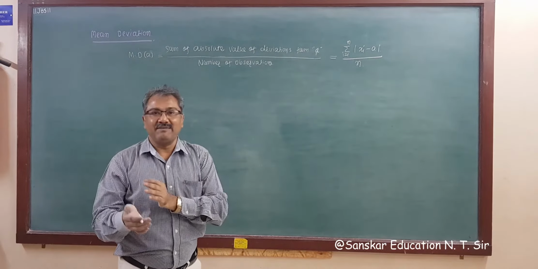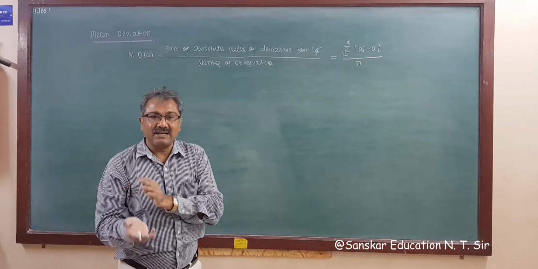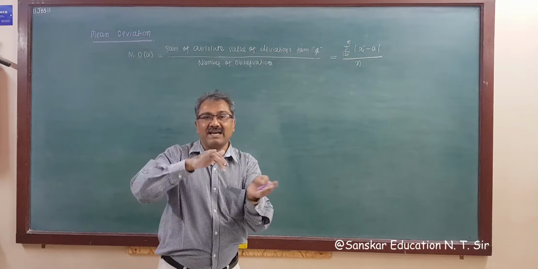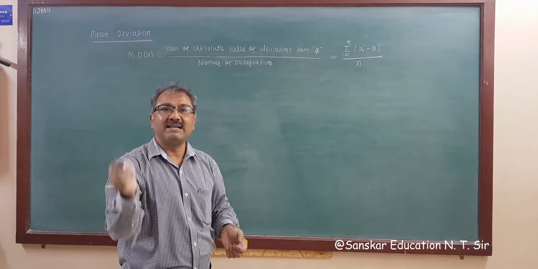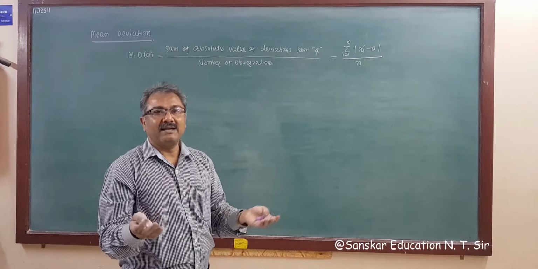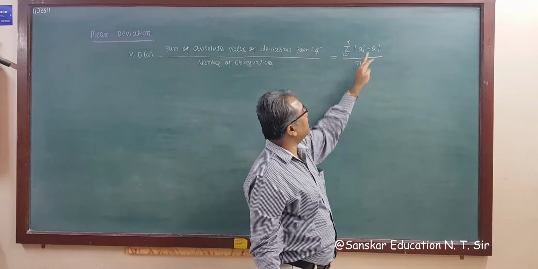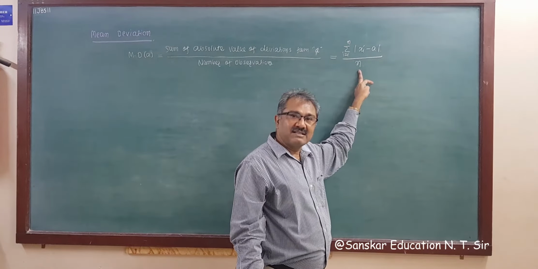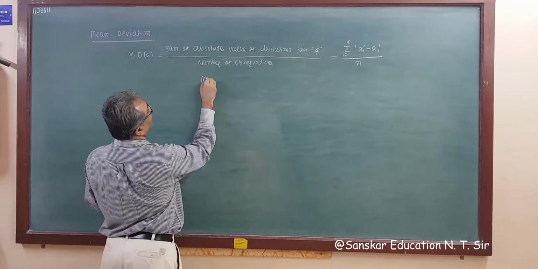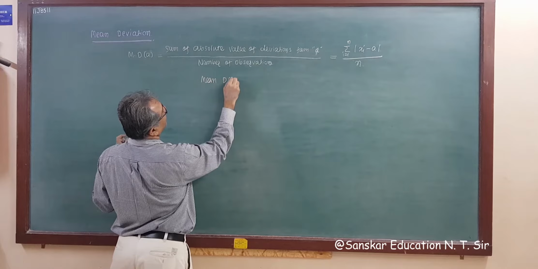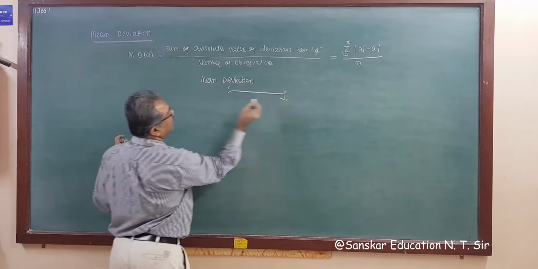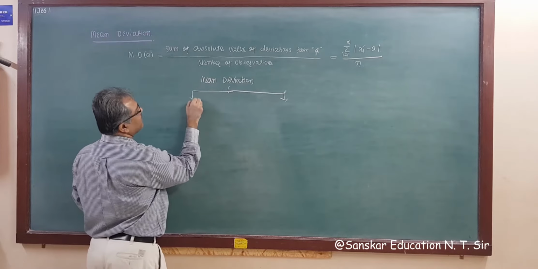So it is a simple formula. Deviation means the observations vary from the given fixed point, that is the mean. So from the mean the observations vary, that is sigma |xi minus x bar| upon n is the mean deviation about the mean. For mean deviation we are going to learn two types.